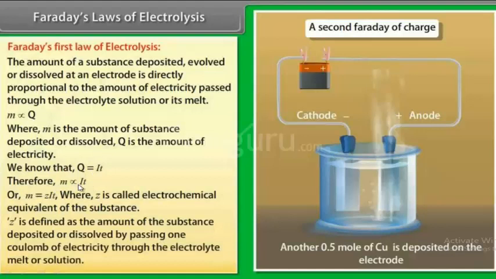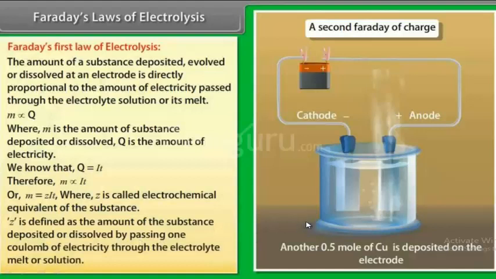And since there is proportionality, we need a proportionality constant. So here we use a proportionality constant, capital Z, and this Z is called the electrochemical equivalent of the substance. So what is electrochemical equivalent? The amount of substance deposited or dissolved by passing 1 coulomb of electricity through the electrolytic solution is known as electrochemical equivalent.